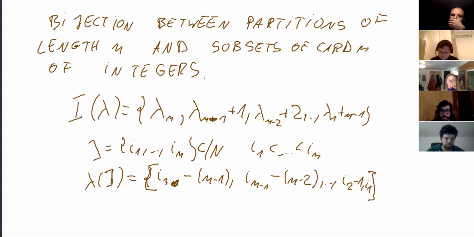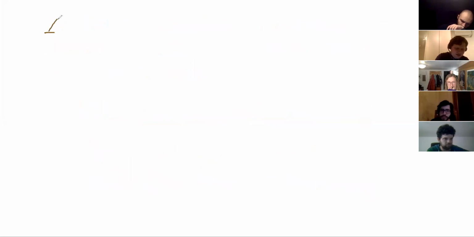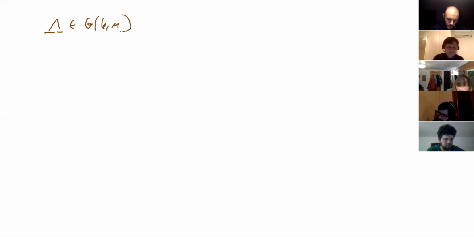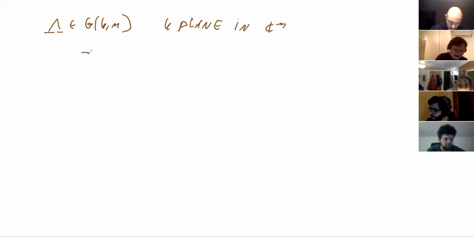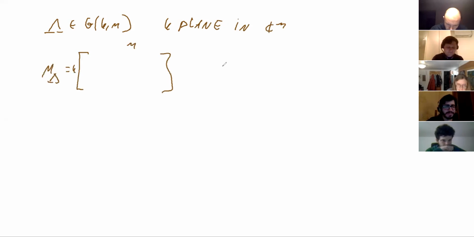Okay, we continue. I am assuming that people are to some extent familiar with the Grassmannian. Recall that a point in the Grassmannian Gr(k,n) corresponds to a k-plane in C^n. But it's often represented by a k by n matrix, so let me call it M lambda. It's a k by n matrix whose rows span lambda, so lambda equals row span.